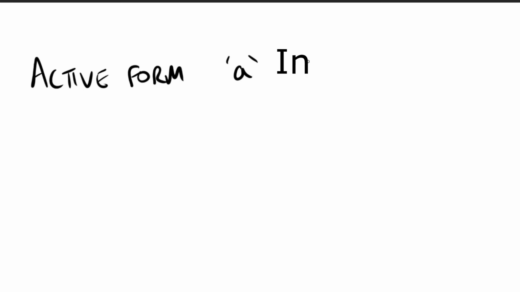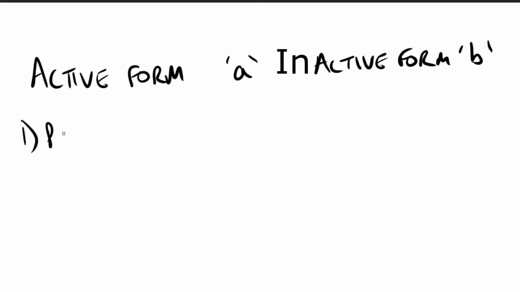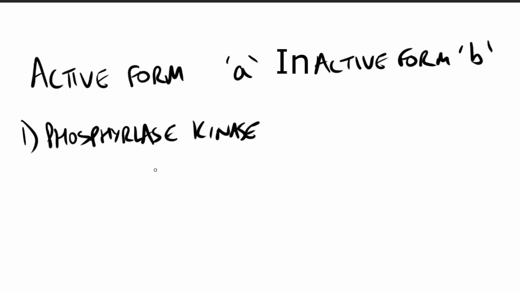PKA. Alright, so we have 2 forms, an active form, which is A form, and an inactive form, which is B form. Now we have some enzymes. So starting with phosphorylase kinase, it exists in active A and inactive B. Now the active PKA, protein kinase A, phosphorylates the inactive B of phosphorylase kinase into the active A. And active phosphorylase kinase phosphorylates glycogen phosphorylase, which is our second enzyme with the same forms, to its active A form from inactive B, which then begins glycogenolysis.